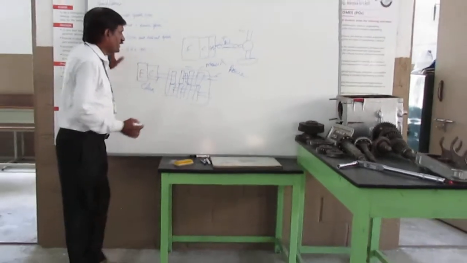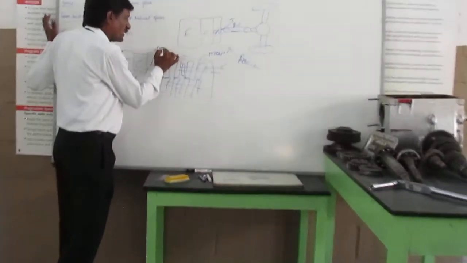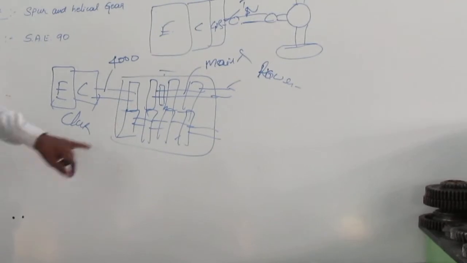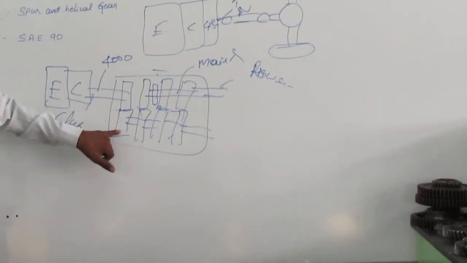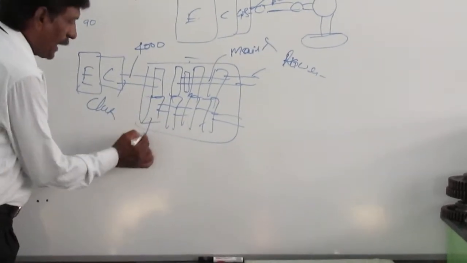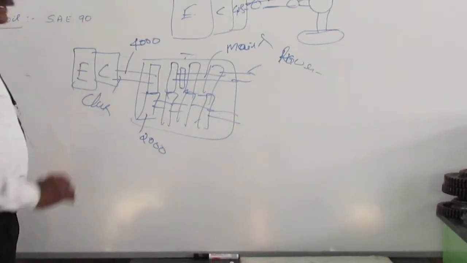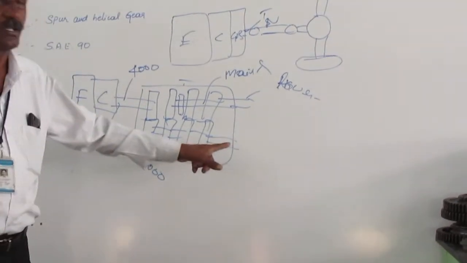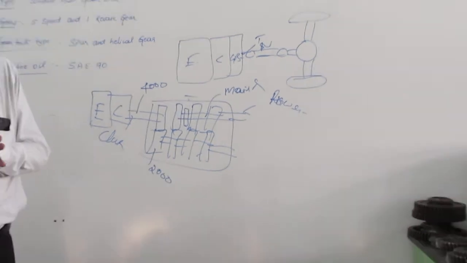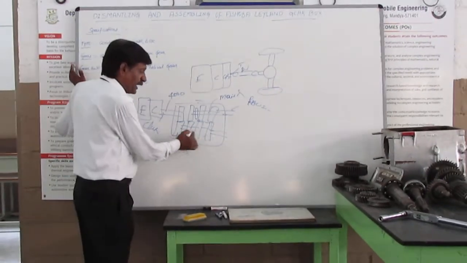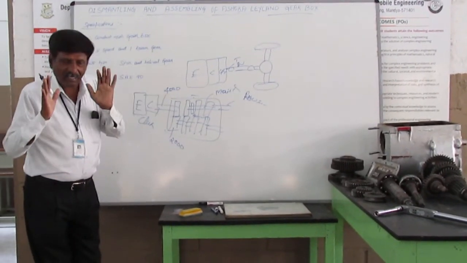If the gearbox input shaft speed is, for example, 4000 rpm, then based on the gear ratio it may result in 2000 rpm on the lay shaft. All the gears on the lay shaft are rigidly connected to it, so all are at the same speed.